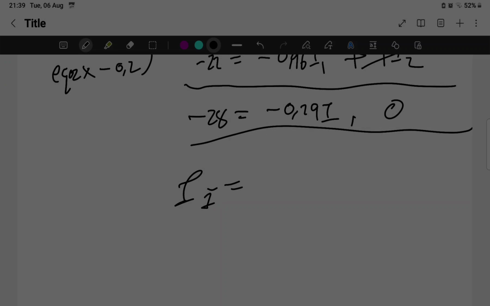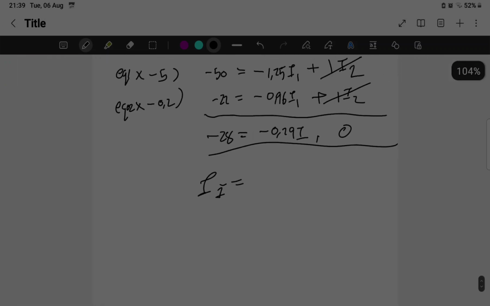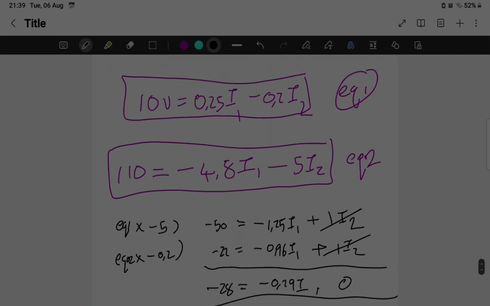Something looks wrong. Let's go on top. We have our equation 1.